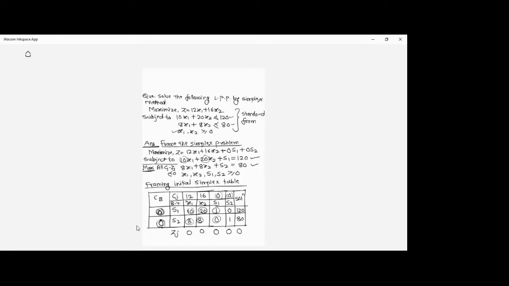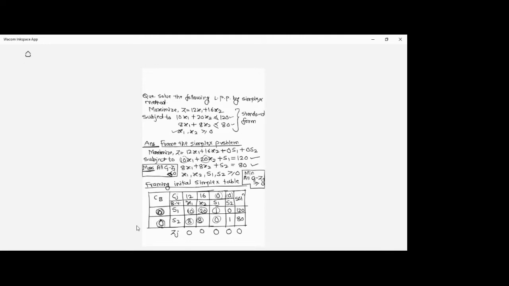This is the condition for maximization. For minimization, all cj minus zj values should be greater than or equal to 0.